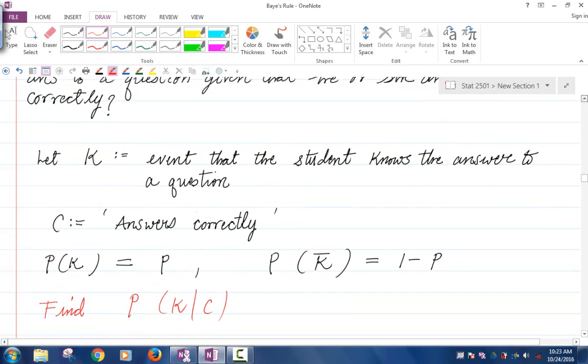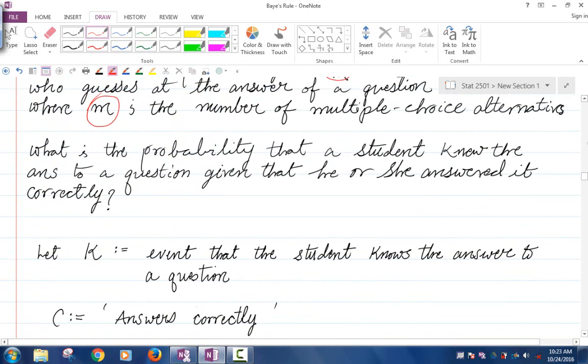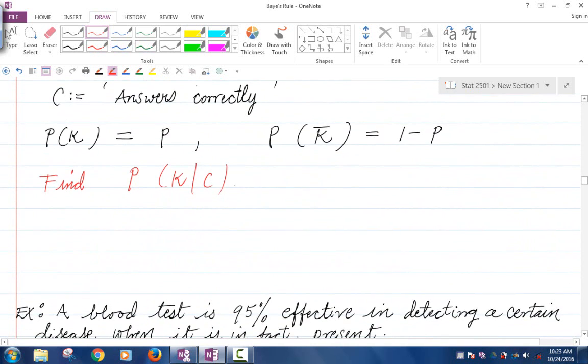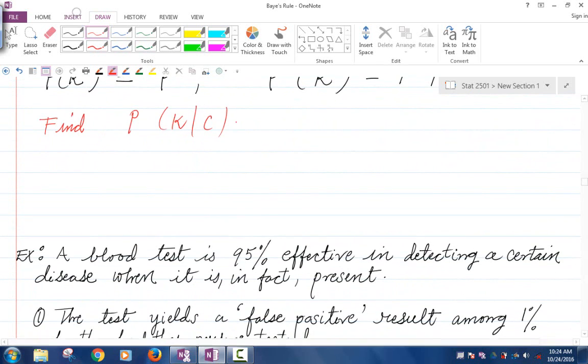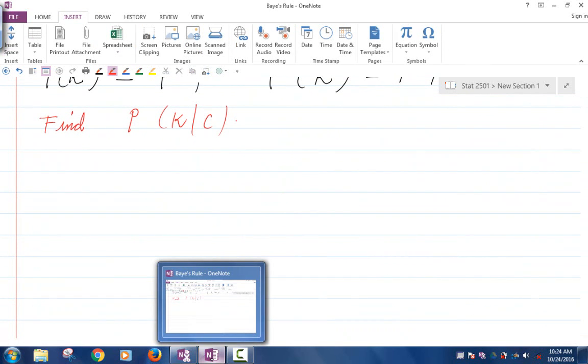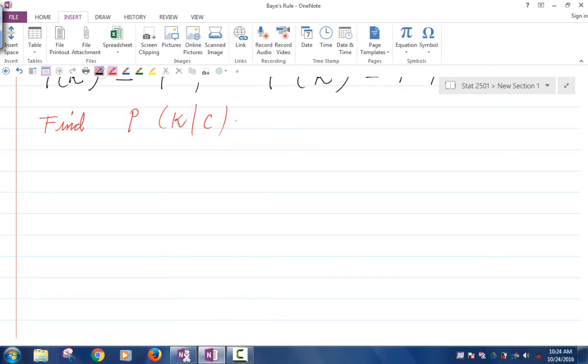What's the probability that he knew the answer? So this is what we want to find. Okay, find this. So how am I going to find this? The probability that he knows the answer to a question given that he answers it correctly.